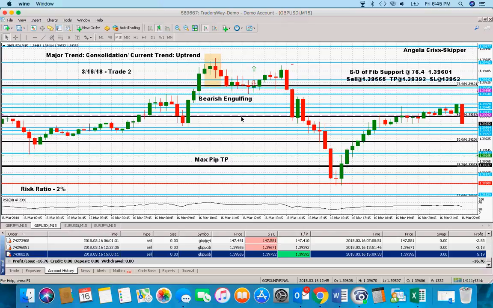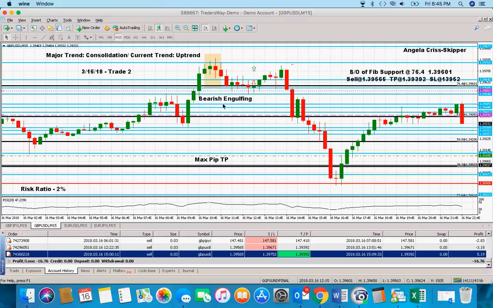So what I did was I chose to modify it. I modified it to a pending order, using the same specs, and entered into a pending order for a sell stop.